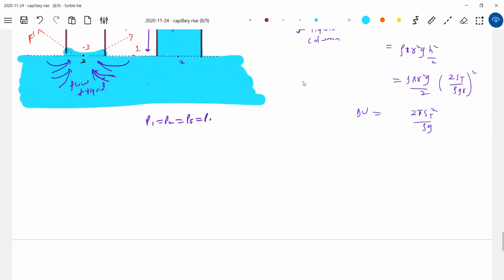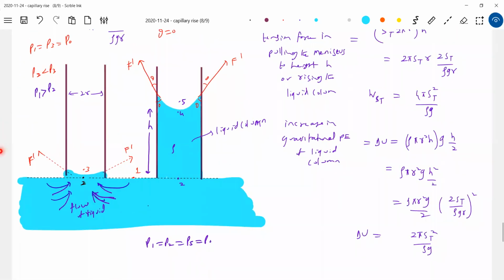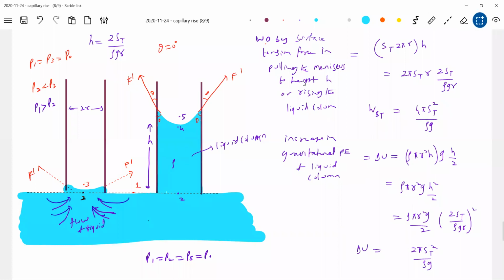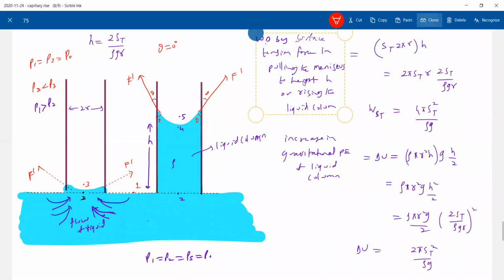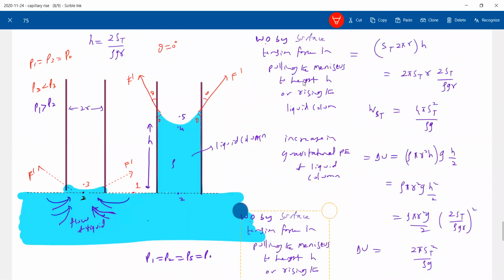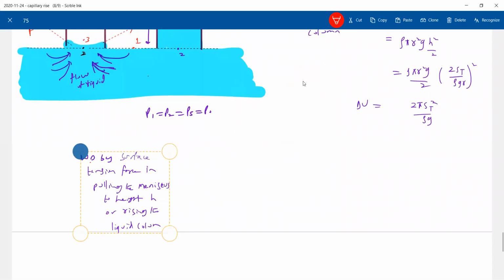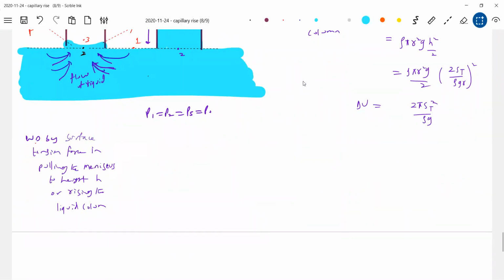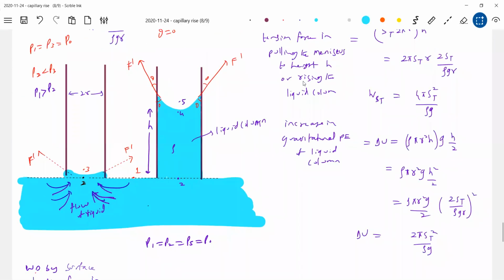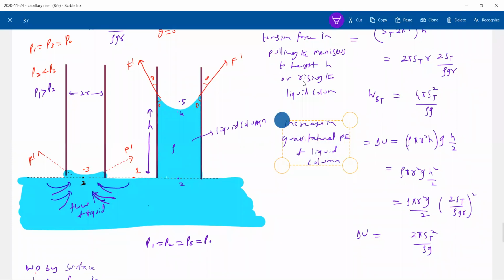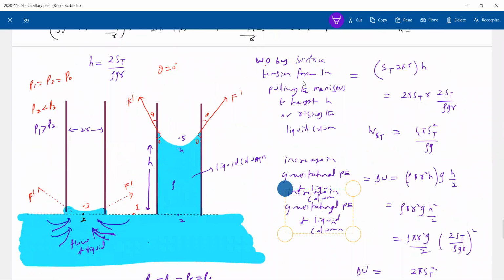So what shall we write here? I'll bring everything. This is a very important theoretical idea. It's not a numerical. Please don't take it like a numerical. It's a basic idea of capillarity.